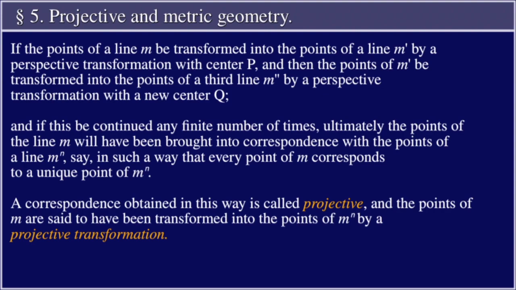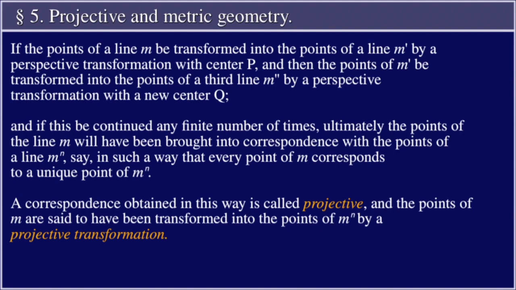If the points of a line M be transformed into the points of a line M' by a perspective transformation with center P, and then the points of M' be transformed into the points of a third line M'' by a perspective transformation with a new center Q, and if this be continued any finite number of times, ultimately the points of the line M will have been brought into correspondence with the points of a line Mn, say, in such a way that every point of M corresponds to a unique point of Mn.